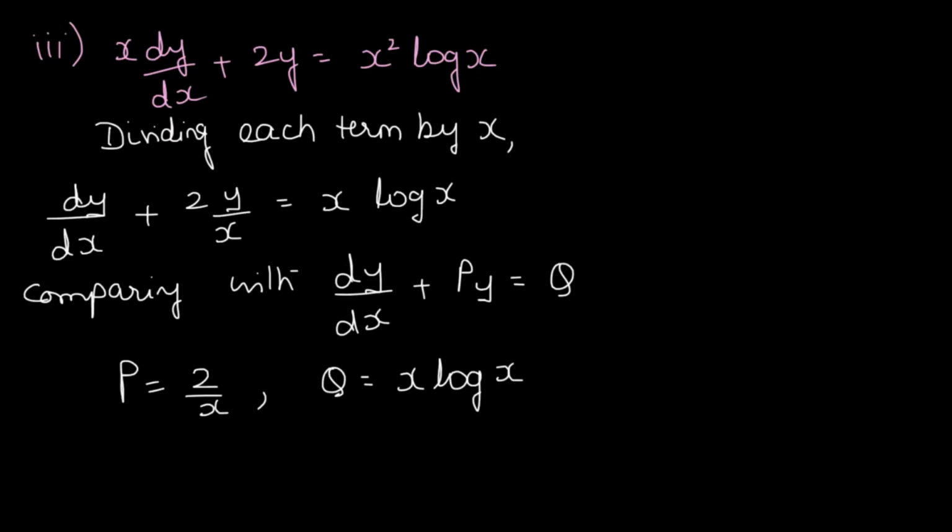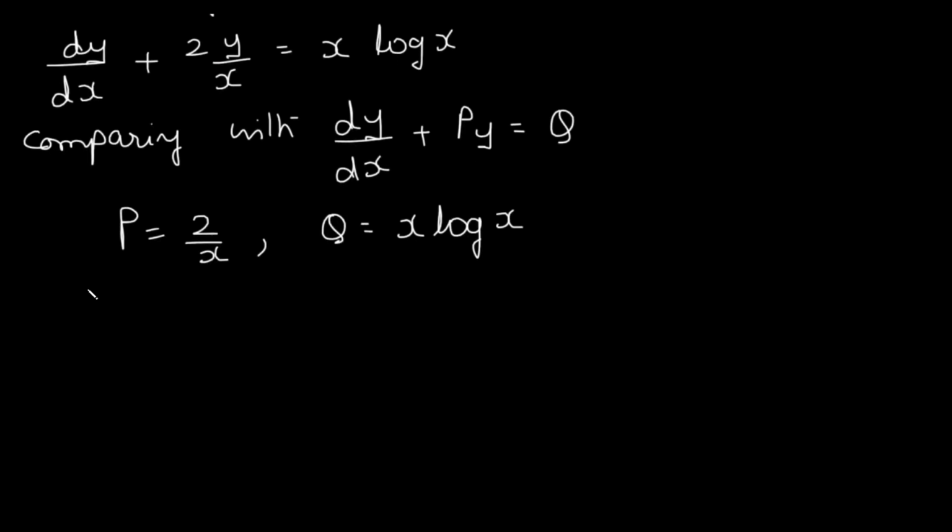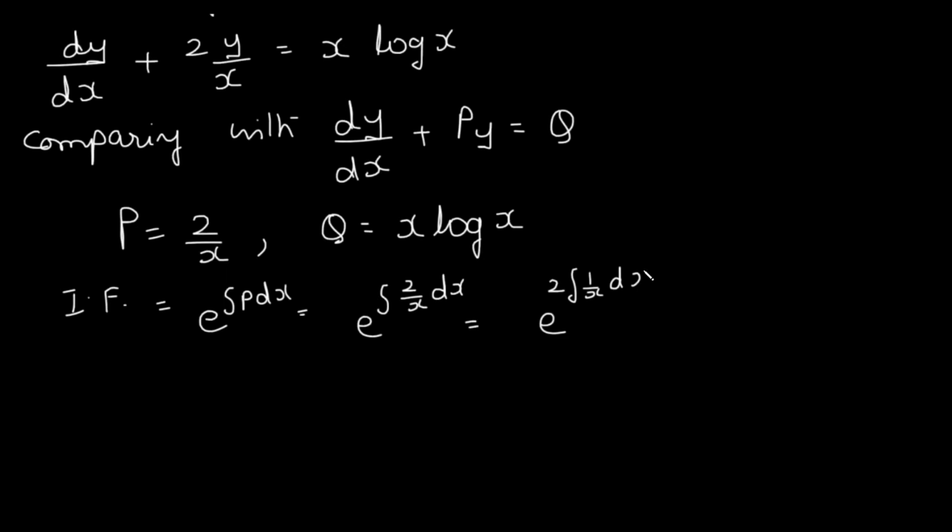Then we find the integrating factor. In this case the integrating factor is e raised to integral P dx, which is e raised to integral 2 upon x dx, and this can be written as e raised to 2 integral 1 upon x dx, and you know that the integral of 1 upon x is log x, and so we get e raised to 2 log x as our integrating factor.